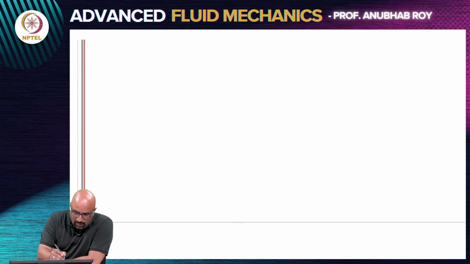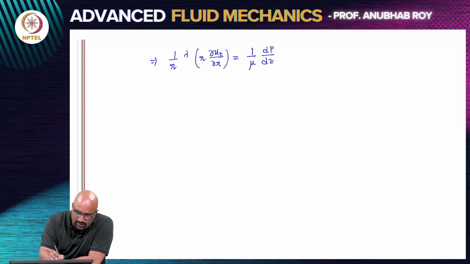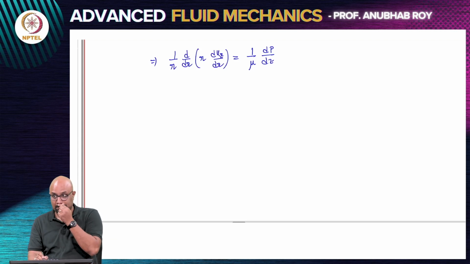So we have then 1 by R dou R of R dou U Z dou R is equal to 1 by mu dP dz. Even these derivatives, we should now be writing as ordinary derivatives. Uz is purely a function of R, and obviously the pressure gradient is purely axial.